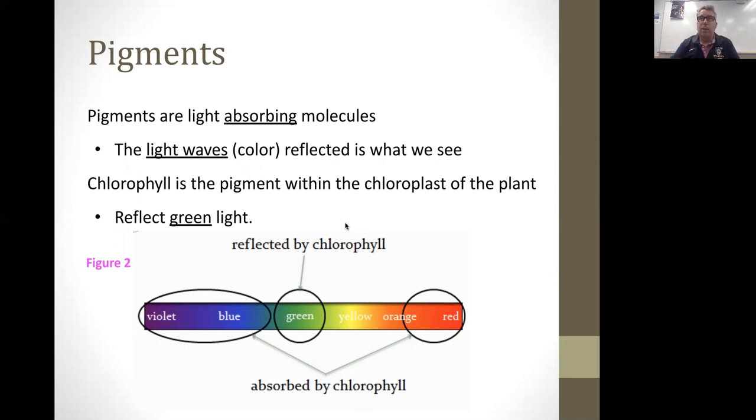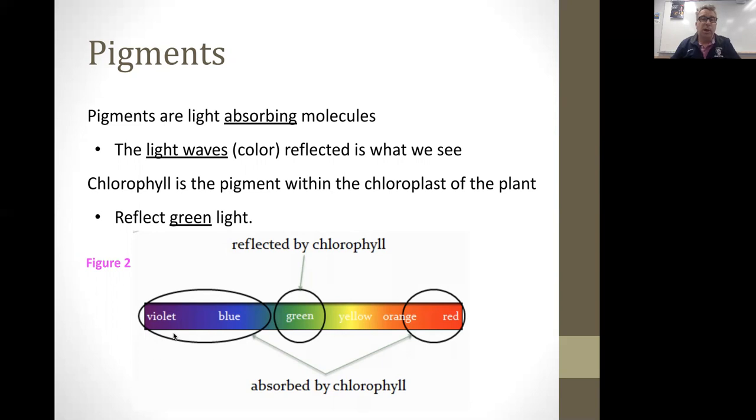So if you put a plant under green light, it won't be able to photosynthesize because all that light is being reflected. If you put it under blue light or red light, it will be able to photosynthesize because those are the colors that are being absorbed, and that's what drives the process of photosynthesis.